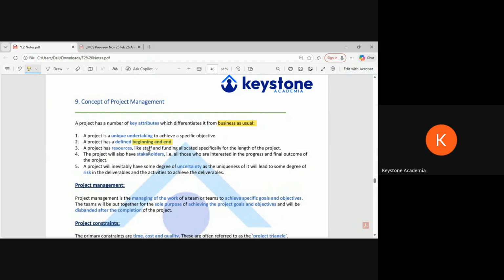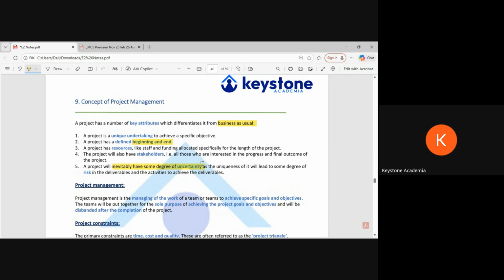The project will also have stakeholders, all those who are interested in the progress and final outcome of the project, like the beneficiary, maybe the banks, the employees, the investors, all of that can be stakeholders. A project will inevitably have some degree of uncertainty. This is very important. If there is too much uncertainty or too much risk, the company might think twice whether to go ahead or not.